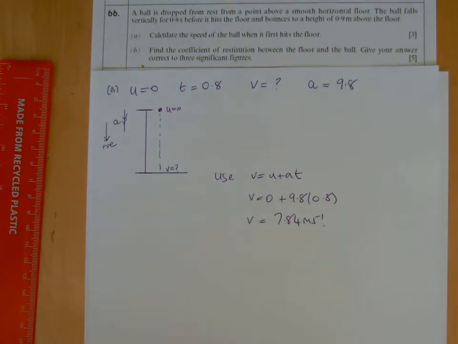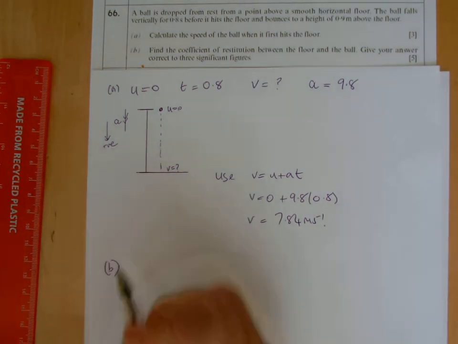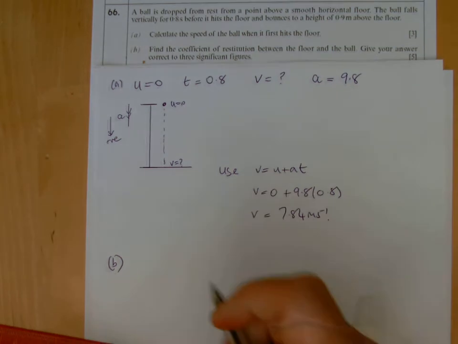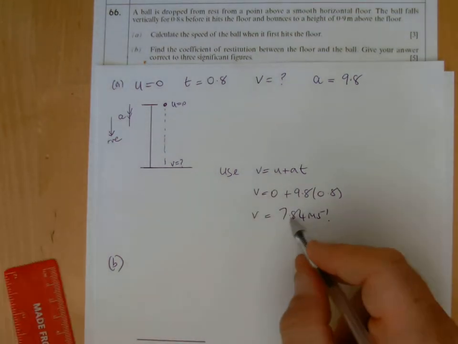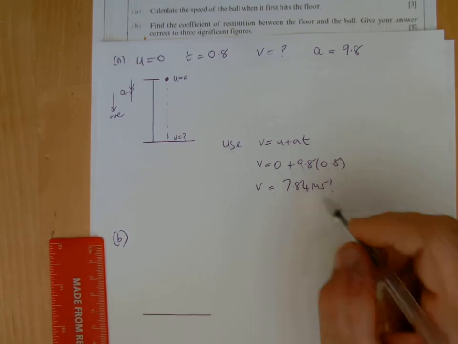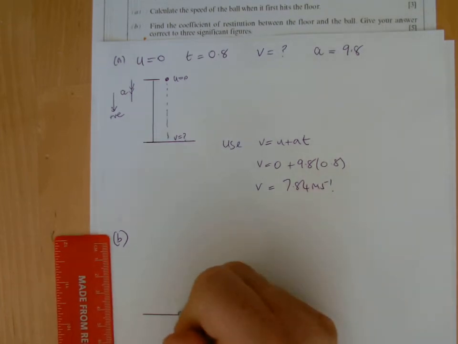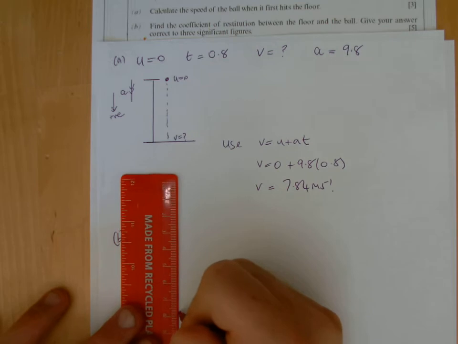Now we need to work out what the coefficient of restitution is. If we look at part B, when it leaves the ground, it hits the ground at speed 7.84. But when it leaves the ground, it's going to bounce upwards, right?